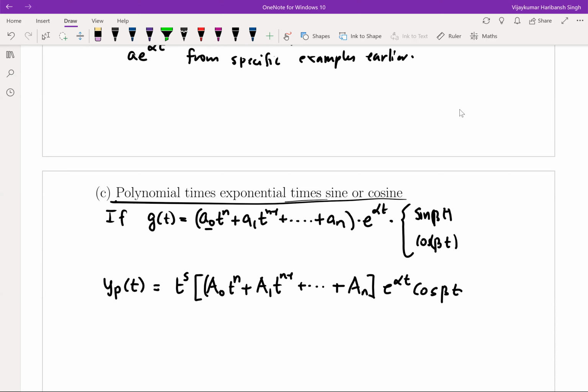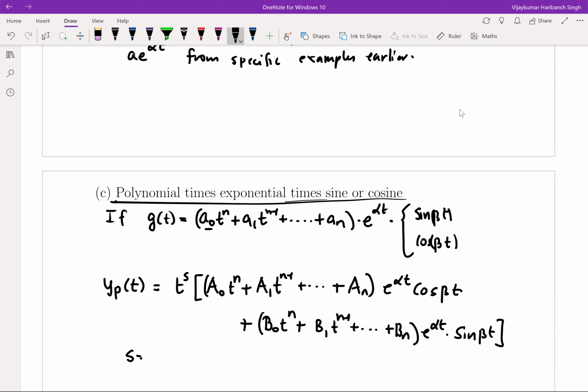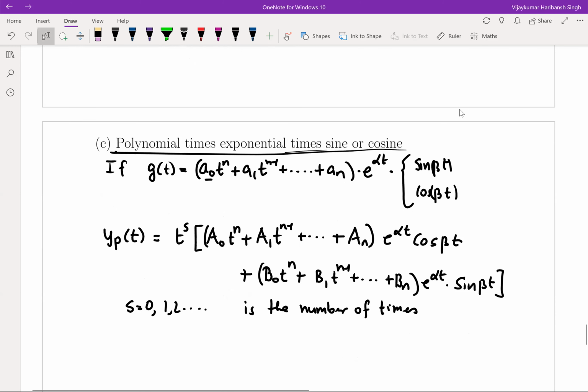So this is multiplied by this, plus t to the s is multiplied to both of it, b0 t to the n, b1 t to the n minus 1 dot dot dot bn e to the power alpha t times sine of beta t, where s equals 0, 1, 2 dot dot dot is the number of times r equals alpha plus i beta is the root of the characteristic equation.